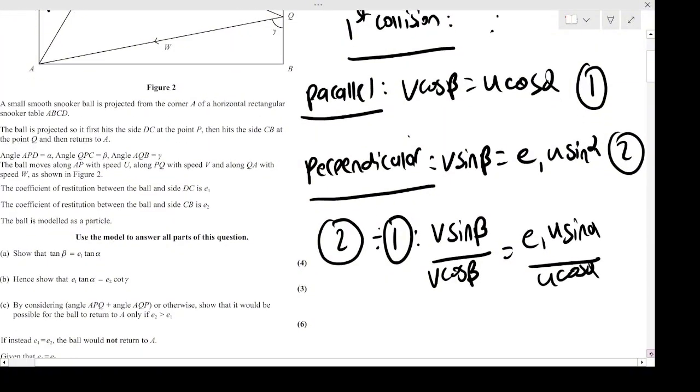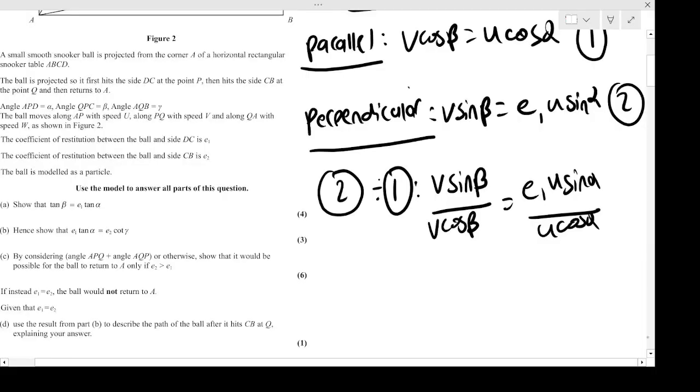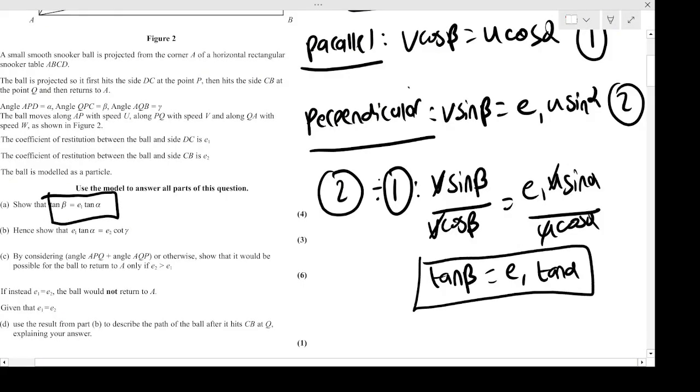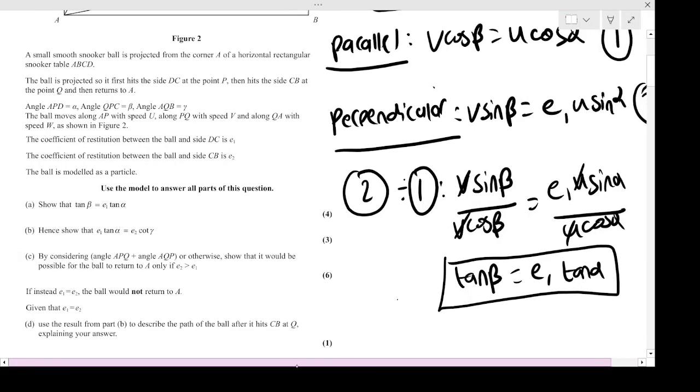And then quite nicely, you'll see that I will get tan beta on the left to be E1 tan alpha. And again, the V and U's will cancel. And there we are. We've got the first equation there for 4 marks. So again, pretty standard procedure. It looks ugly, but hopefully you can see I've done nothing out of the ordinary to this point, right?